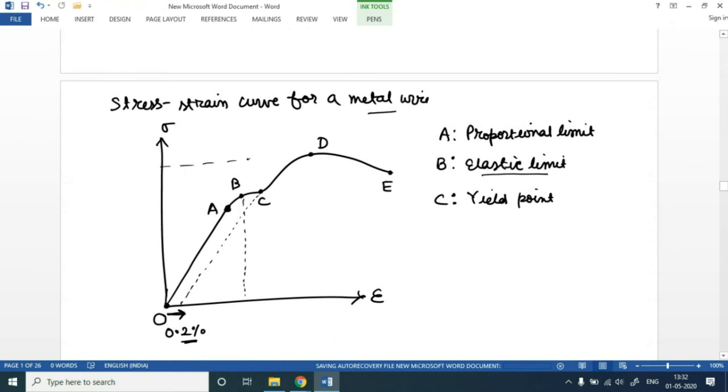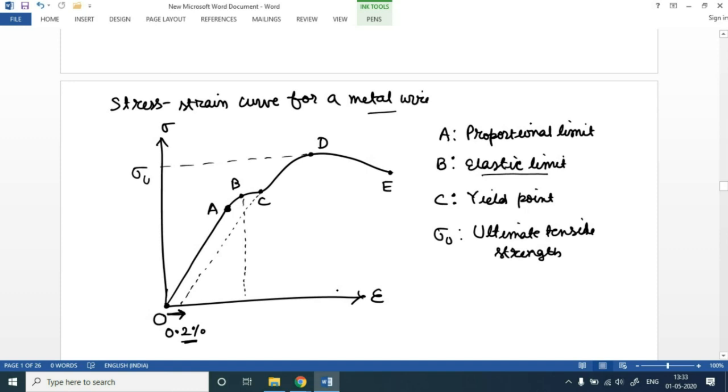Point D corresponds to the maximum stress over here, which is also known as the ultimate tensile strength. Sigma U is nothing but the ultimate tensile strength. So you can see that up till point D, when you increase strain, stress increases as well.